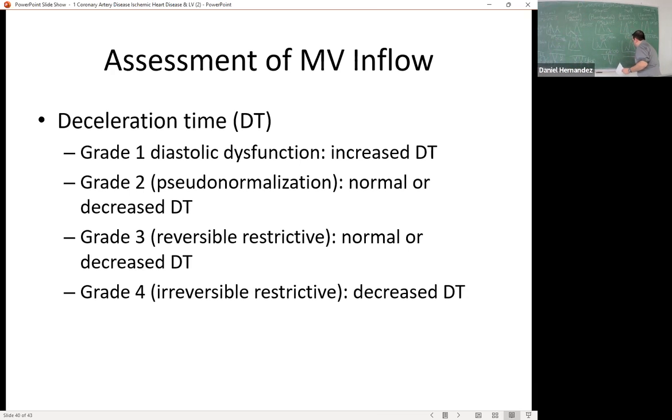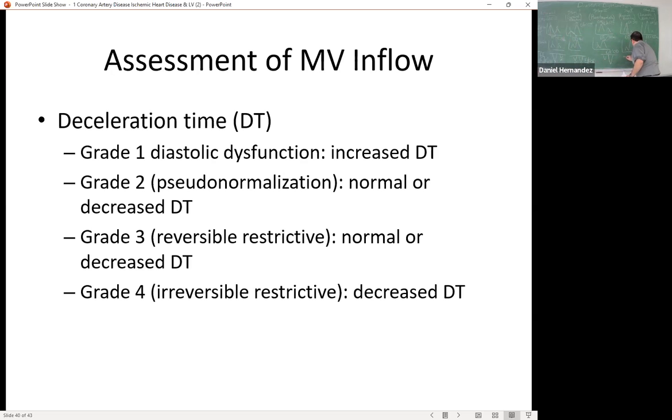So our tissue Doppler is going to look very reduced. We'll have a small E prime and a little bit larger A prime, but very small compared to what we were getting before. Once we get into our restrictive filling patterns, I'll make them even smaller to exaggerate.